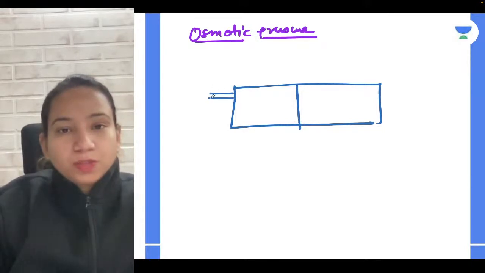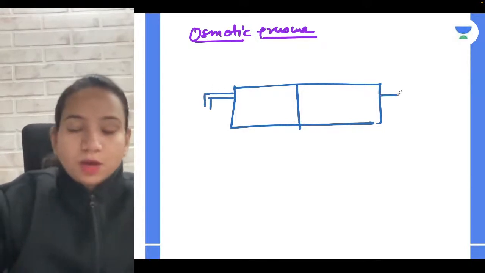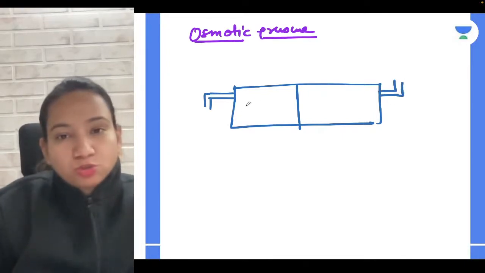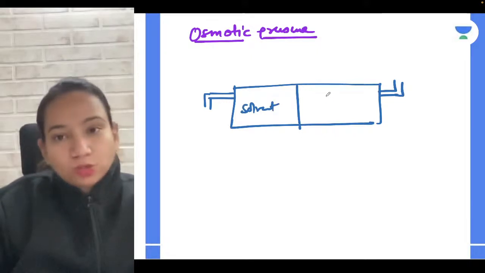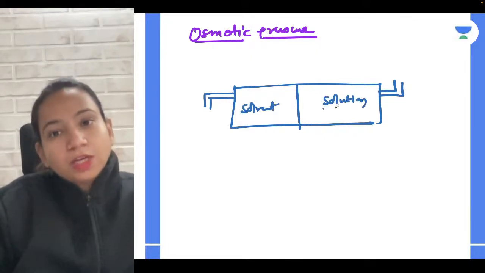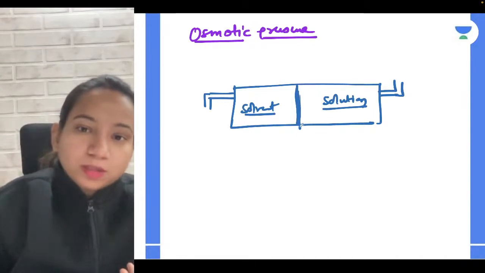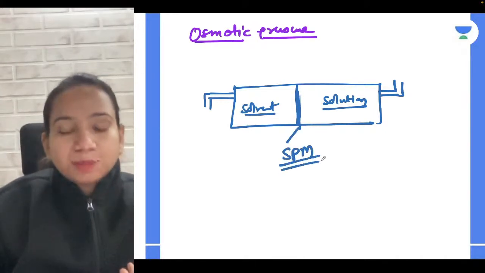Let me just make it a little bit easier for all of you to understand. Suppose you have a solvent here and here you have a solution, and this solvent is passing through a semi-permeable membrane, SPM.